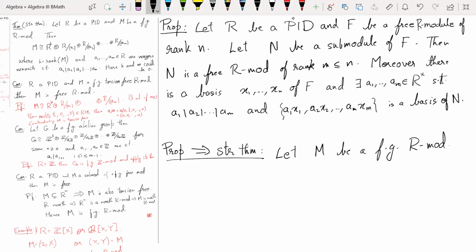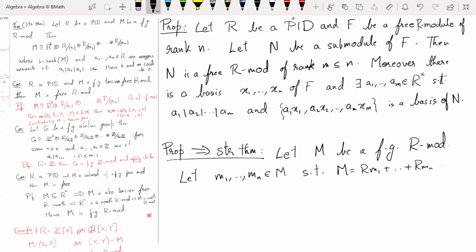M is finitely generated, so we have certain number of elements of M which generate M. Let m1 to mn be elements of M such that M equals Rm1 plus ... plus Rmn. So this is a generating set of M.